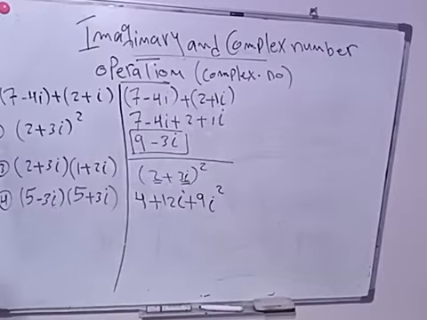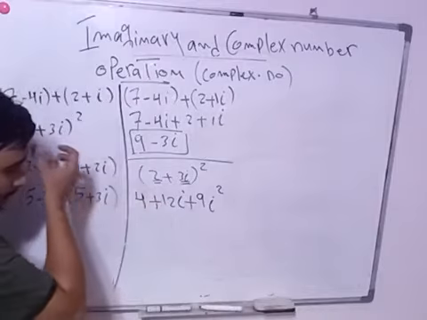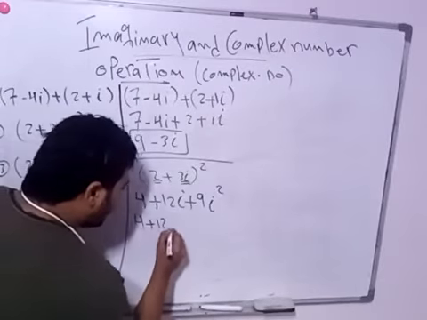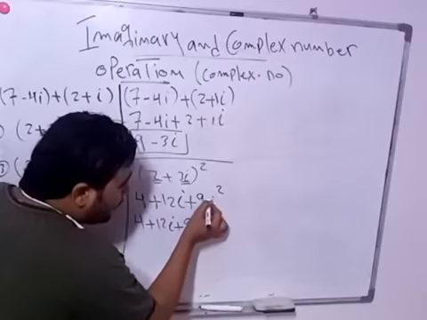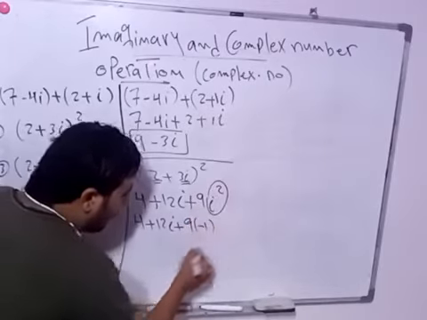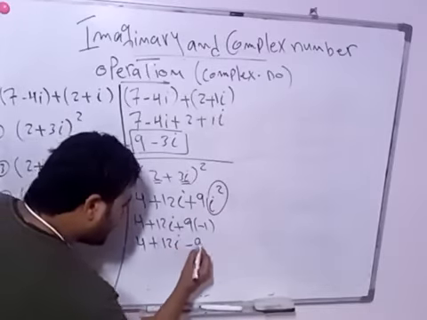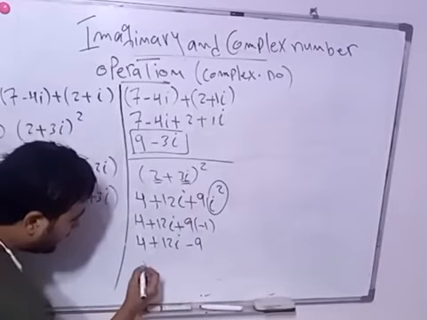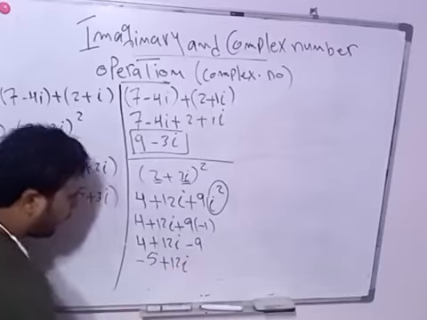So I have 4 plus 12i plus 9i power 2. I know i power 2 equals negative 1. So 4 plus 12i minus 9. By calculator, 4 minus 9 equals negative 5, plus 12i.